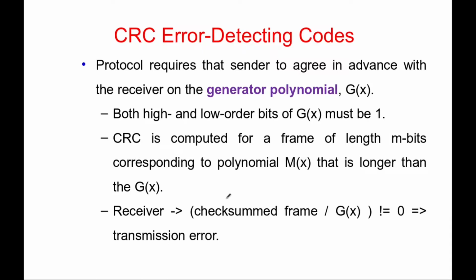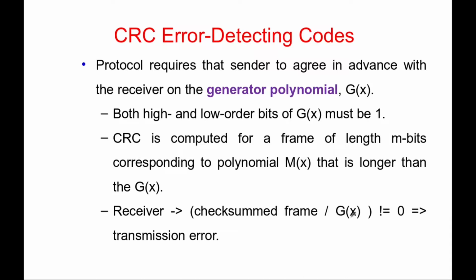Now, previously we need to know that when the sender calculates the checksum, basically it calculates that checksum by adding some redundant bits, and then those redundant bits and the initial bits are taken to be the actual bits to be computed, and those bits are divided by G(x) at the sender side.